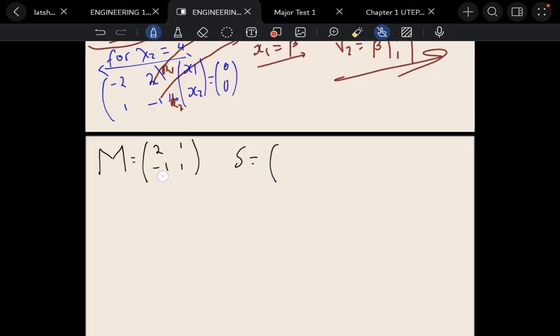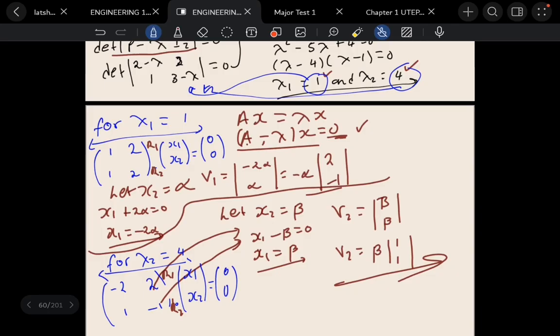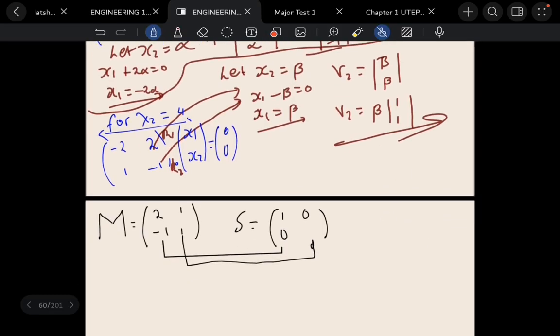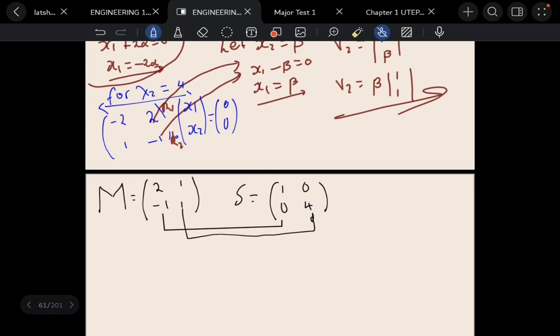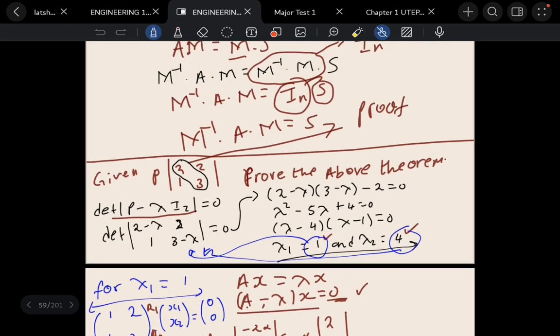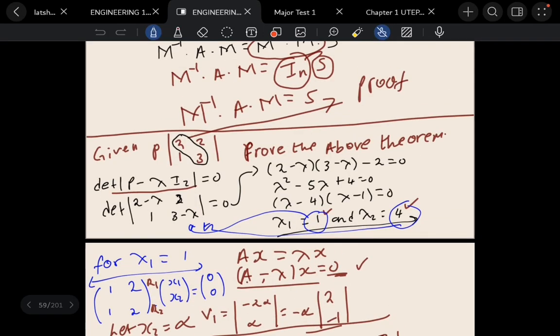Because your first column has v1, your first row here must have lambda 1, which is going to be 1, 0, 0. And your second column has 1, 1, so it must have your lambda 2, which is 4. So it must correspond. Right. Now we have found our lambda 1, we have found our M, we have found our S, and we have our A, which is P, really.